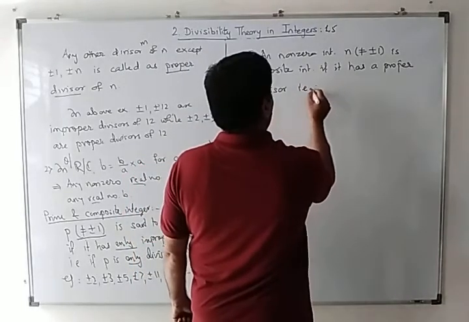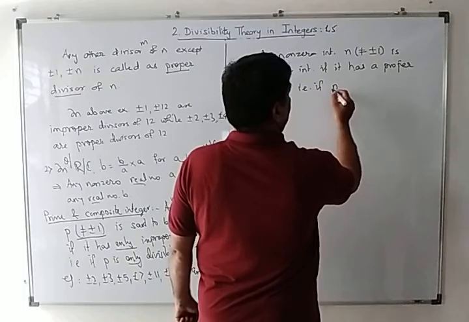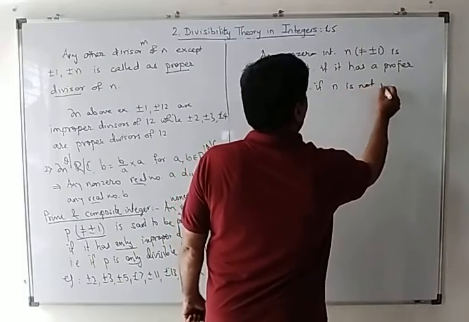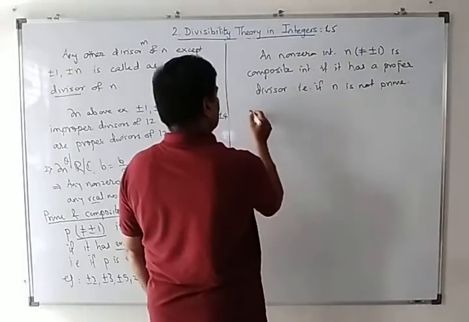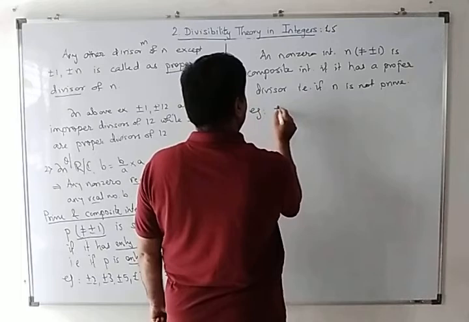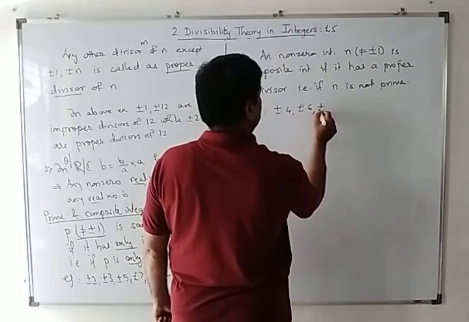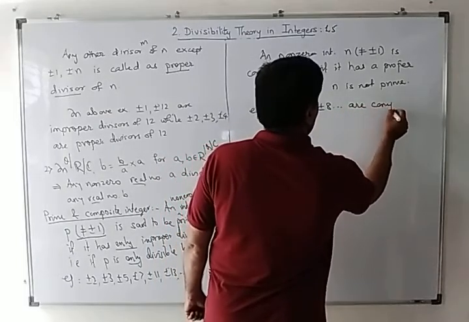That is, if n is not prime. Okay. For example, plus minus 4, plus minus 6, plus minus 8, and so on are composite integers.